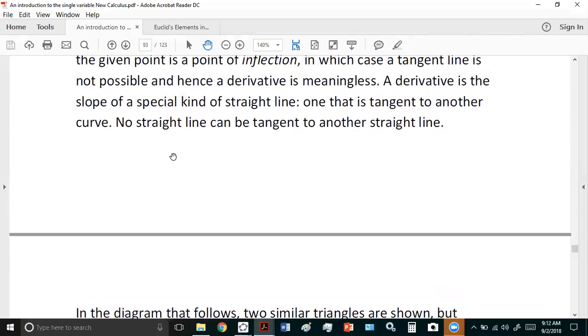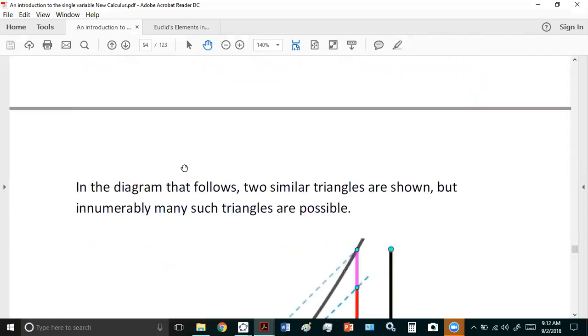Just as I mentioned to you in the last lecture, a graph or a function doesn't have slope at every point. There is no slope. The slope is defined as the gradient of the tangent line at that point, okay? Because the only geometric object that can have a slope is a straight line. No other object can have a slope.